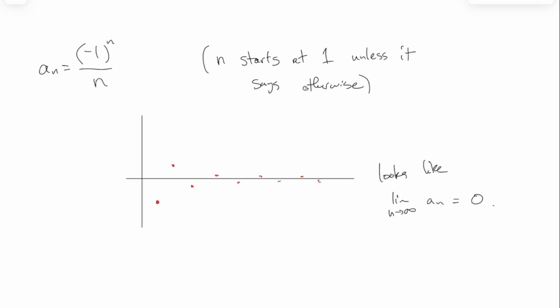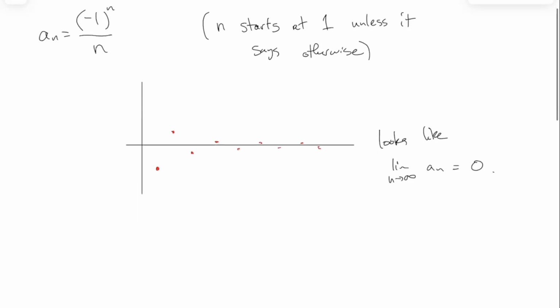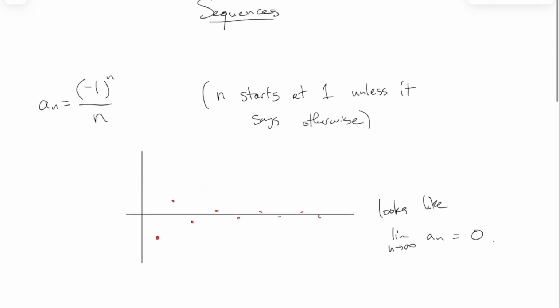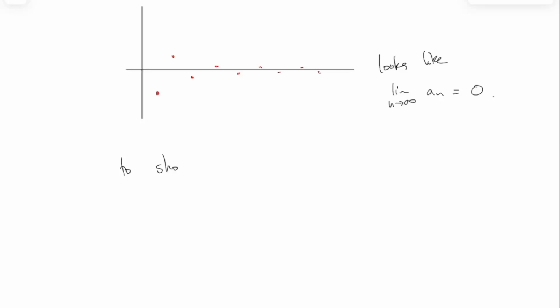But if you want to actually prove that, it's not so easy to just use the formula because it has this -1 to the n, which is difficult to handle if you think of this as a continuous function. It doesn't really work as a continuous function. So to show that the limit as n goes to infinity of an equals 0, it's easiest to show that the limit as n goes to infinity of the absolute value of an equals 0.